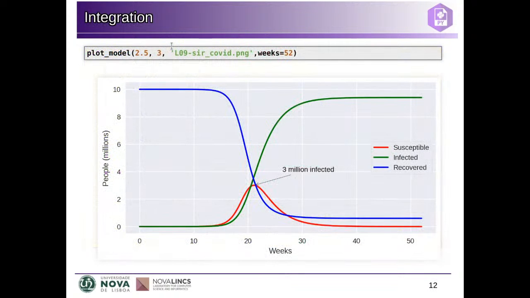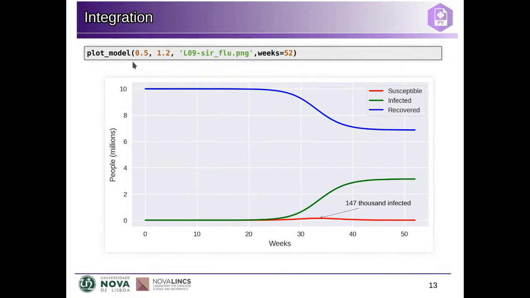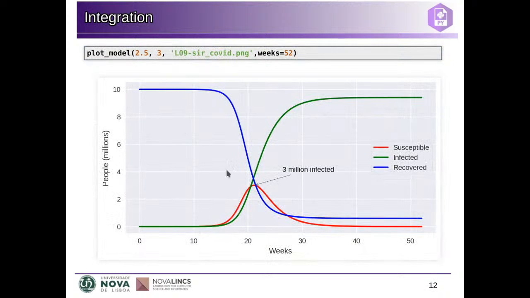So here, this is an example using a recovery time of 2.5 weeks on average, and on average an R0 of 3, so the number of people each infected person infects. If we change these parameters, for example, we have a faster recovery time and a lower R0. For example, this was based more or less on what COVID-19 would be without special measures.